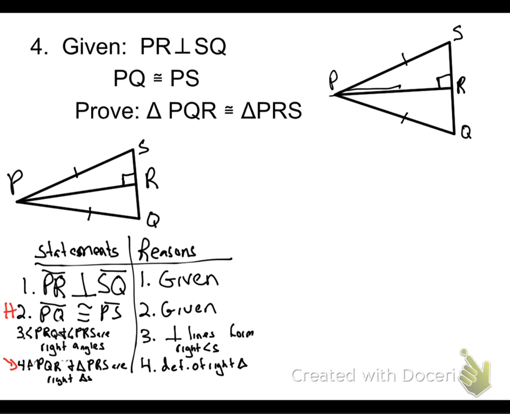So to use hypotenuse leg, we had to show they were right triangles. We did that in step 4. We had to show that the hypotenuses were congruent. We did that in step 2. Now we have to show that there's a leg that is congruent. So right now we have two options. We can show that SR and RQ are congruent, or we can show that PR is congruent to PR. Which one do we have the information to be able to say?